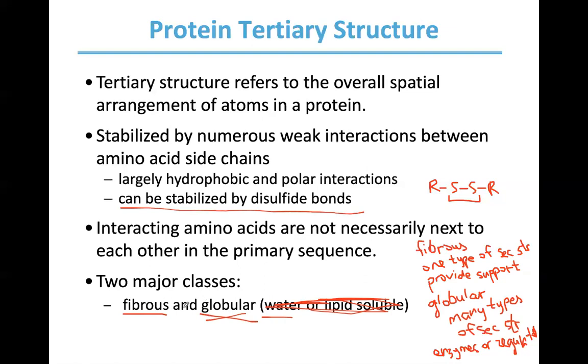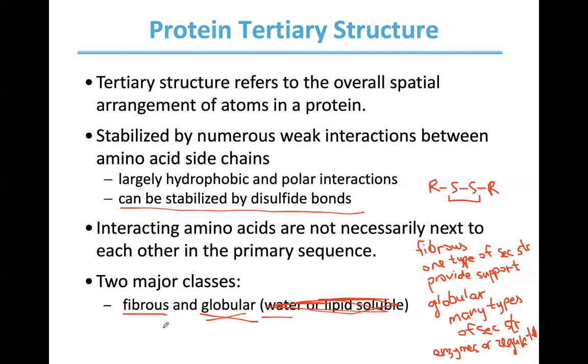In general, fibrous proteins are not really soluble in anything because they're like rods. They allow for very little conformational change to decorate themselves with polar residues on the outside, right?